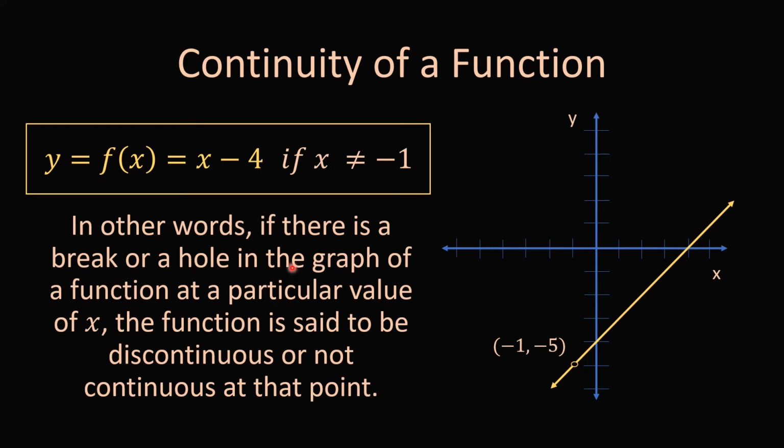In other words, if there is a break or a hole in the graph of a function at a particular value of x, the function is said to be discontinuous or not continuous at that point. Since our given graph has a hole or a break, we can say that it is discontinuous at a particular point.